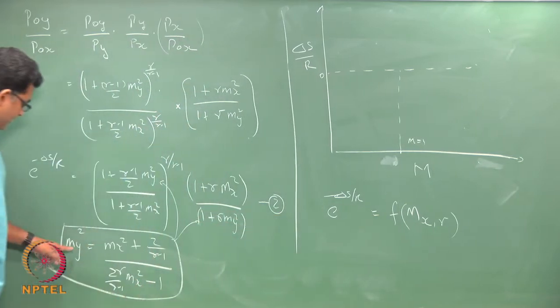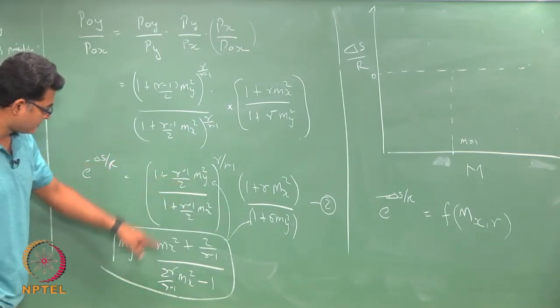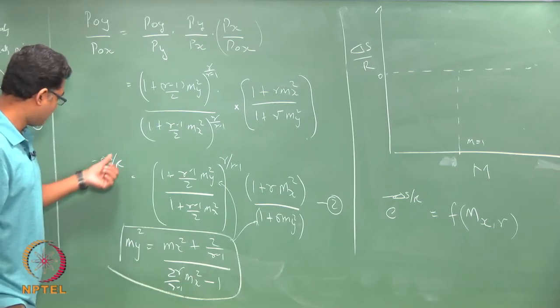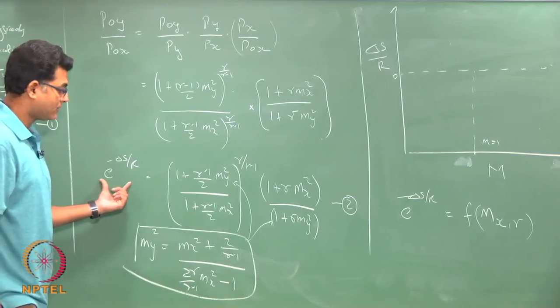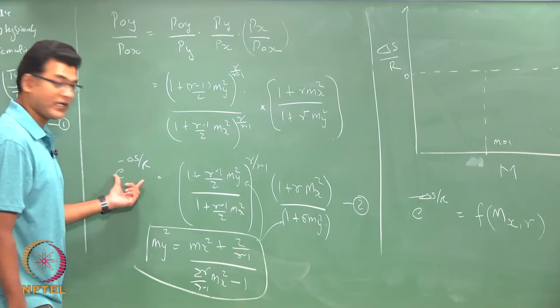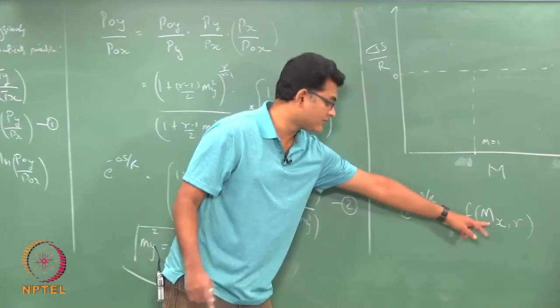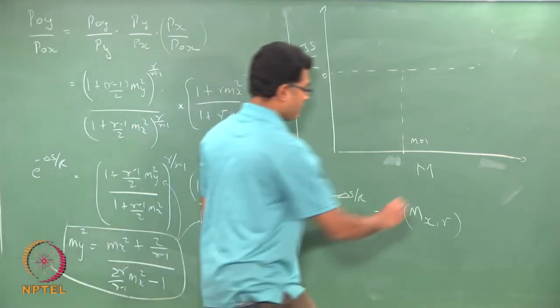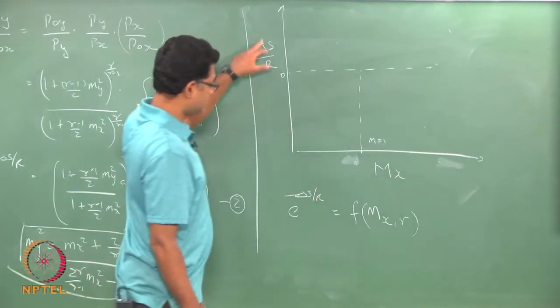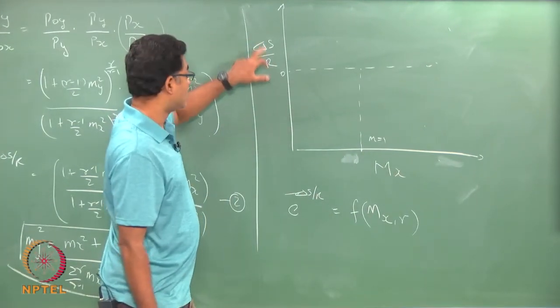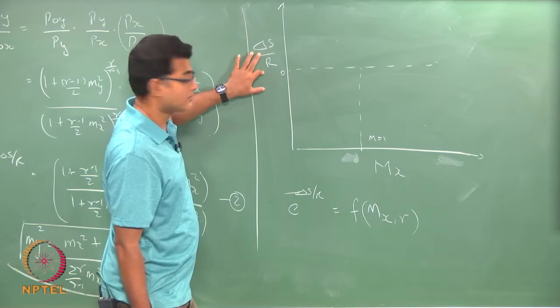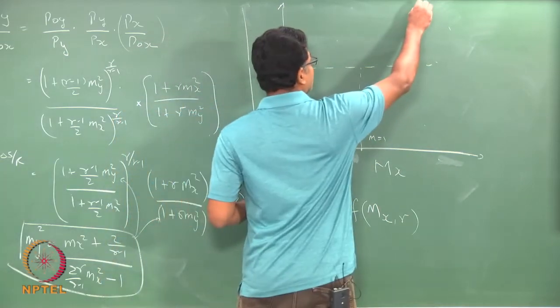So if I substitute my here, I would get this quantity, e power minus delta S by R, as a function of mx and gamma. So now I plot mx versus e power delta S by R, I would get a curve of this form.